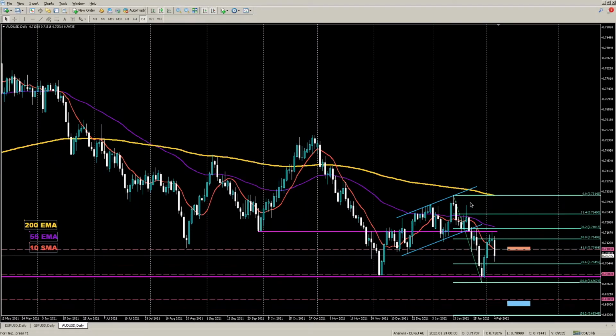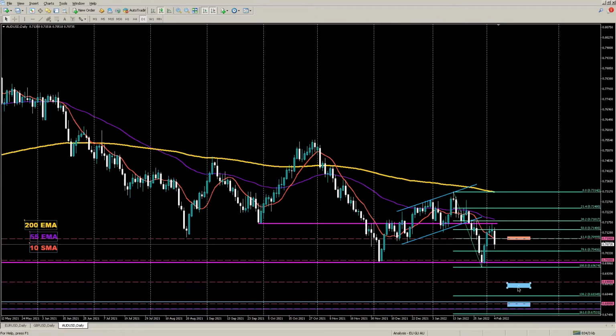Now, not sure whether there's going to be a bearish continuation move lower, and that's where the support is. Let's move this support higher here.